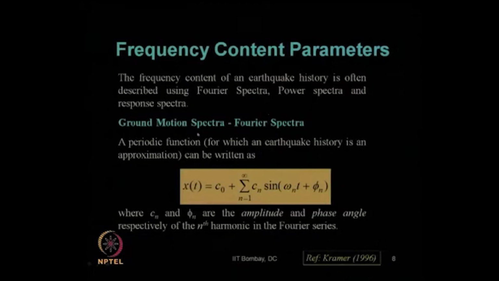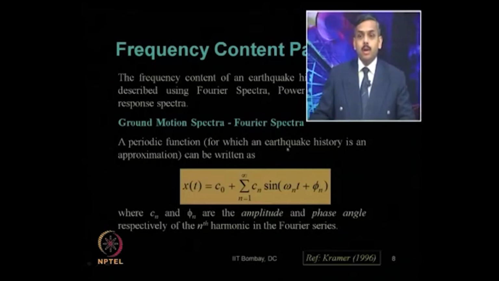So, how can ground motion spectra be represented in terms of Fourier spectra? As we all know about the Fourier series in mathematics, let us see how it is applied to find the frequency content of an earthquake.